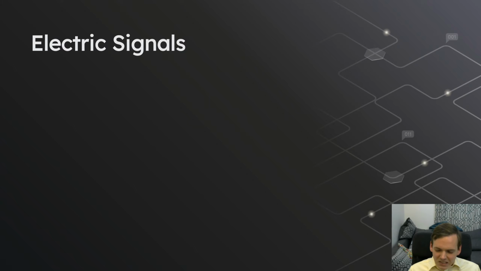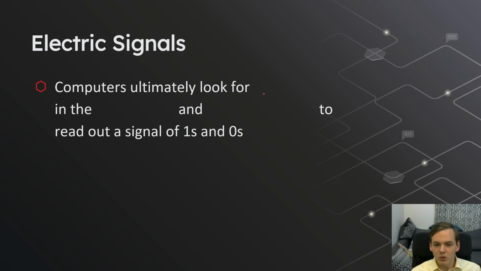Like I said, that's not how we actually send electric signals, but it gives you an idea that by doing some clever stuff with magnets and wires, you could send a signal. Computers are ultimately looking for patterns in the current and in the voltage, and then interpreting those patterns as either 1s or 0s.